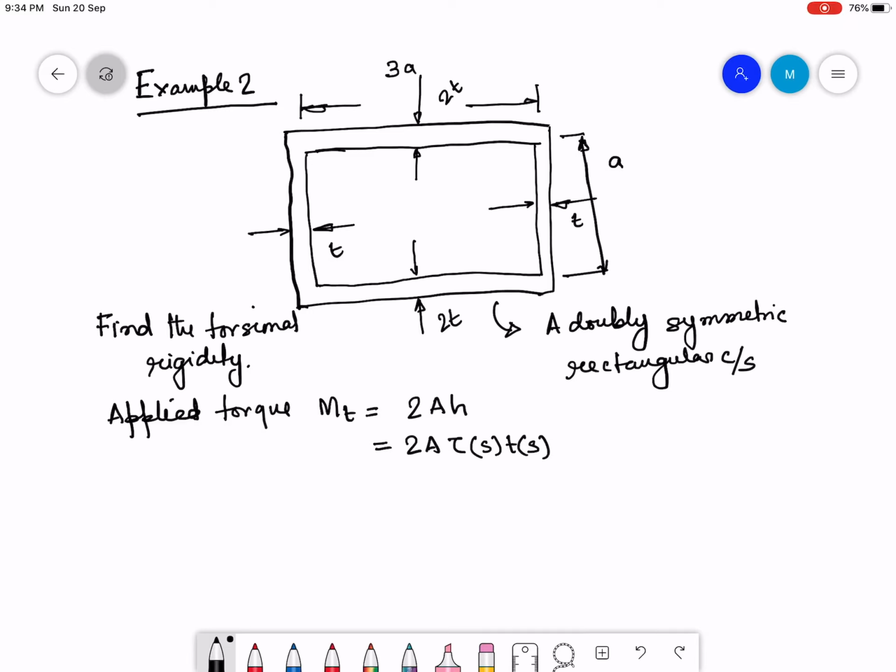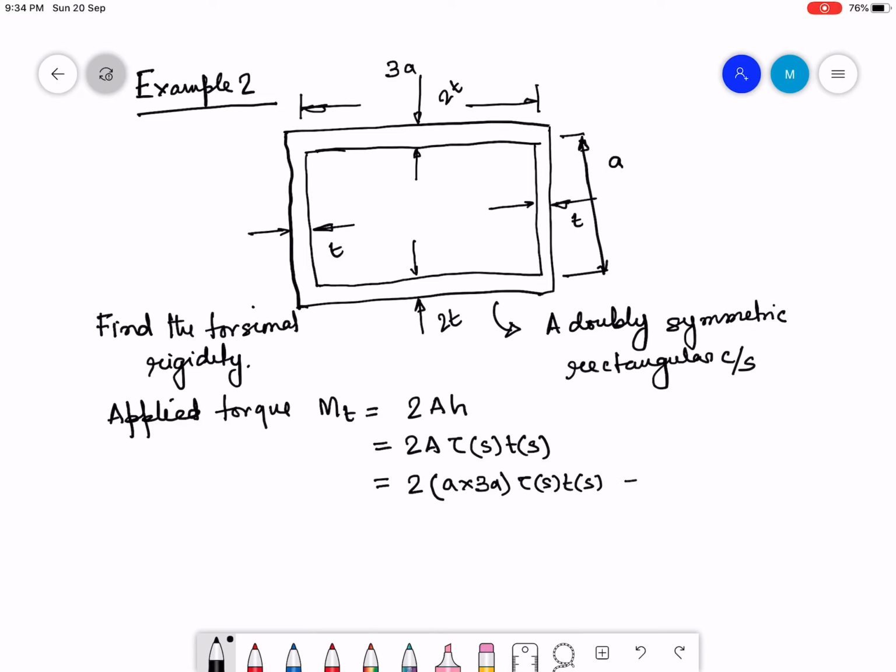Here A is the mean area in the xy plane. So 2 into A into 3a into tau s into ts.